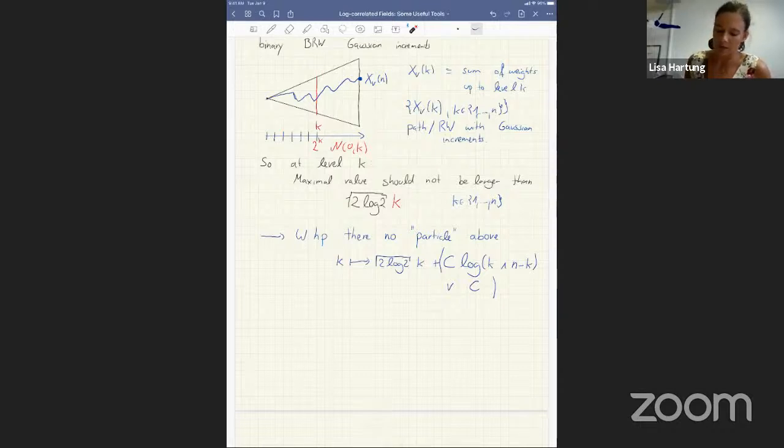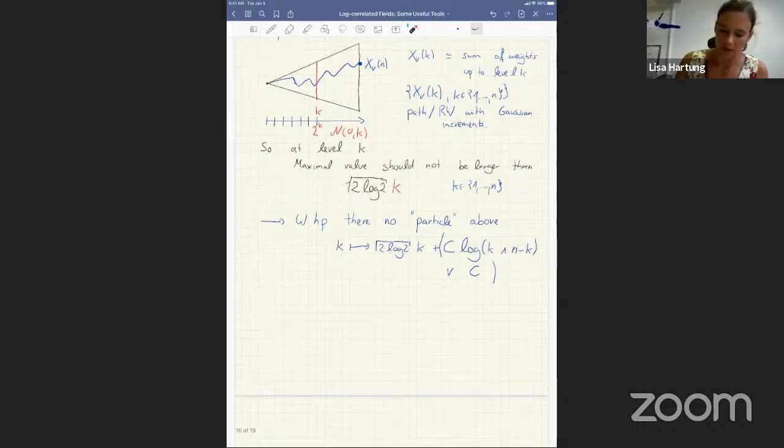So I need to maybe increase it a little bit. But once I do this, I actually believe that if I look at this branching random walk, let me draw this picture again.